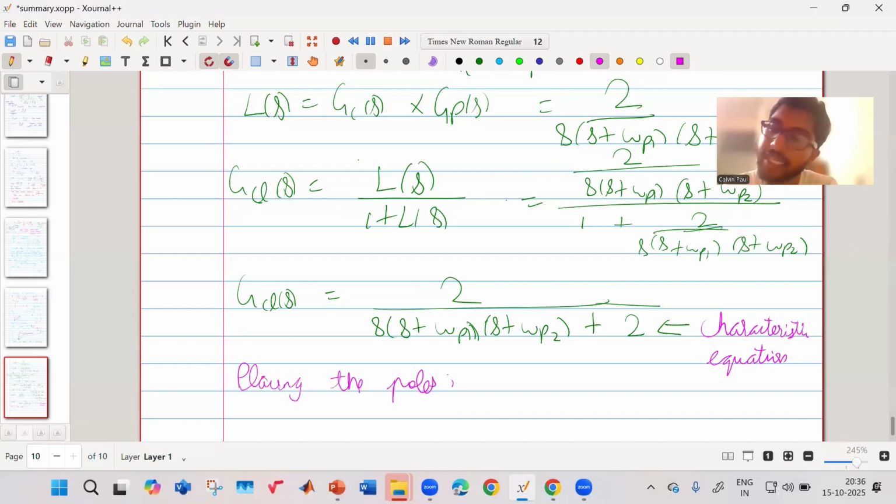What they tell is, you have to make it behave like second order. If you observe this transfer function, is it second order or third order? What is the order of this transfer function?